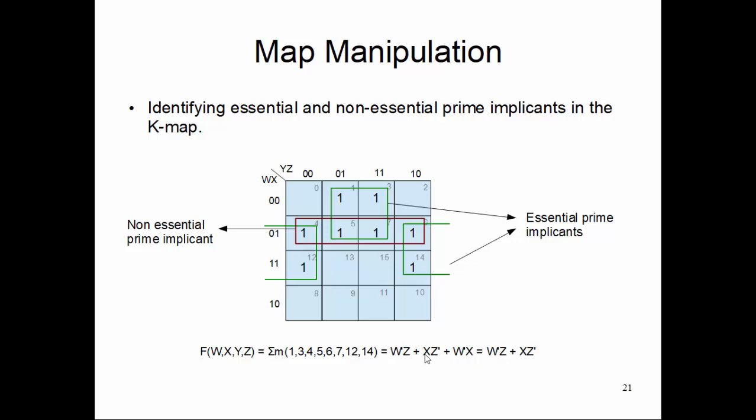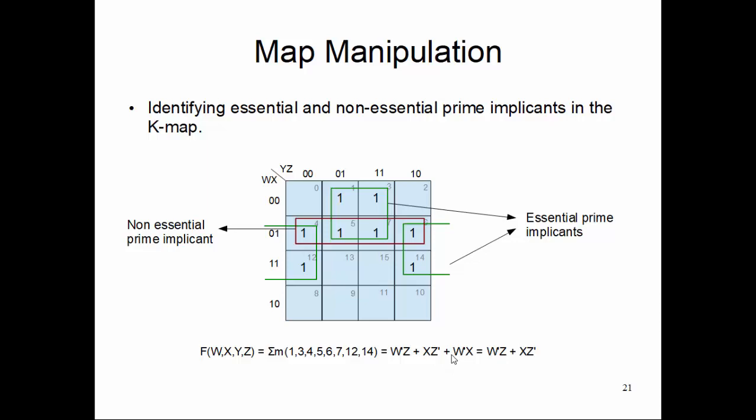Look at this: I have two terms, w bar and x, going with z and z bar respectively. Then we are combining this w bar and x. So by the consensus theorem we can drop this term, and I hope you all remember how this can be proved, or these steps can be done using Boolean identities. But we can apply the consensus theorem here directly and just drop this term.